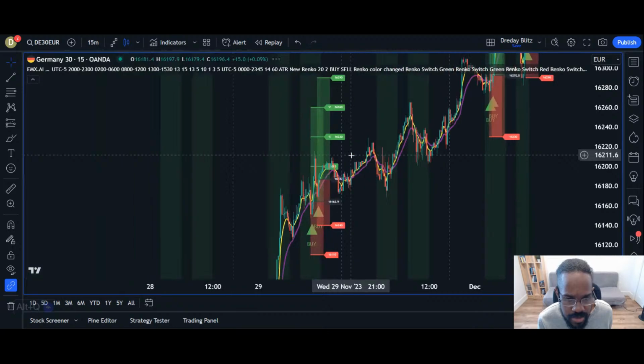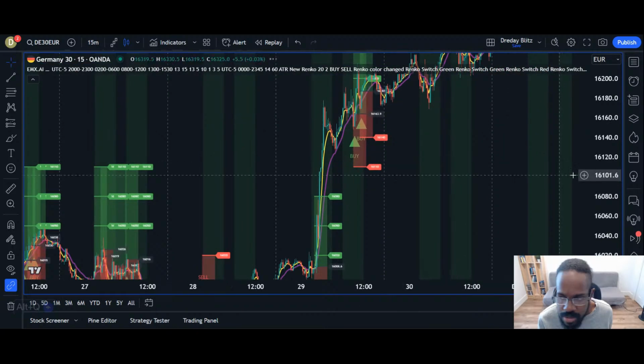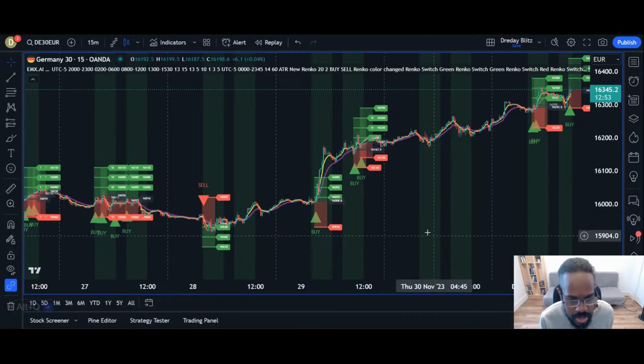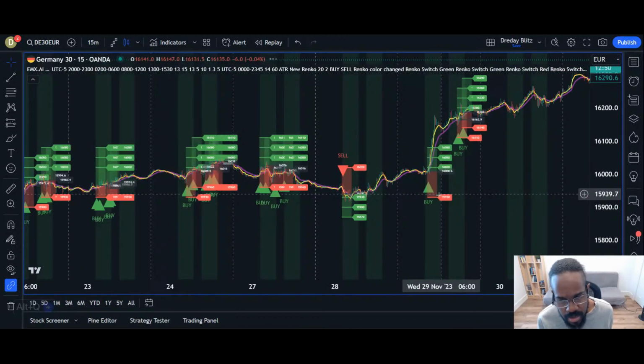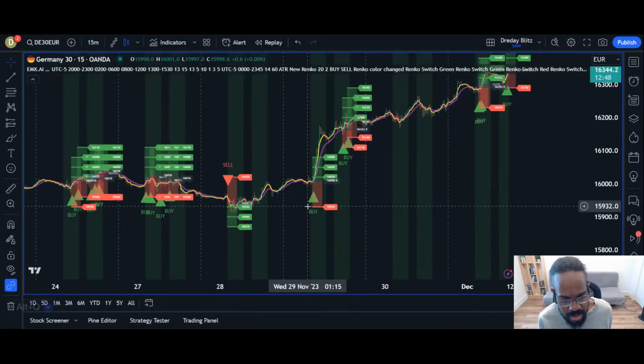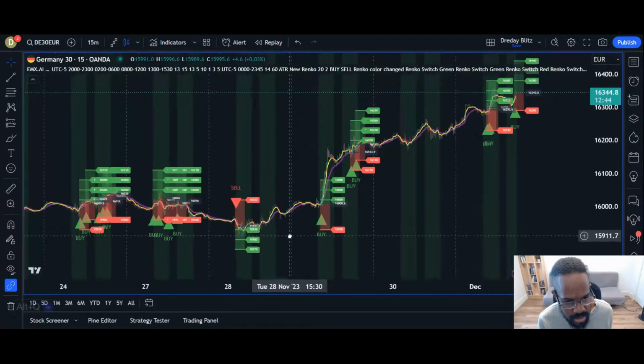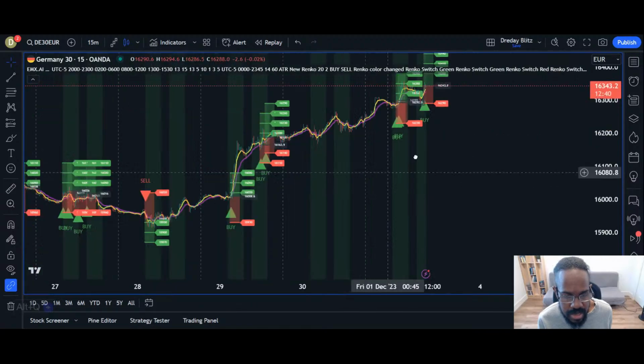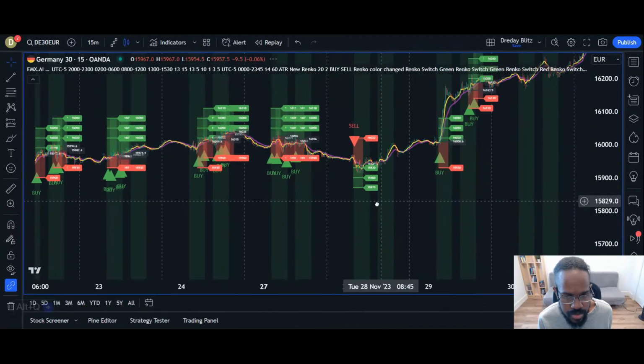But yeah, German 30 or 40. Right now it's called German 40, but it's still German 30 on TradingView. It was trending bullish since Wednesday. So those are all the setups that you had since Wednesday's reversal.